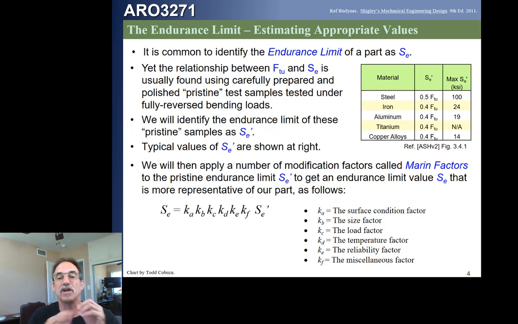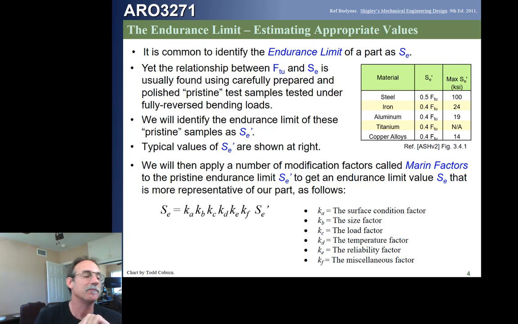This is one of the most common errors students make: when using the endurance limit, they use the pristine value without paying attention to the cutoff at 19 KSI. 40% of FTU will come up with more than 19 KSI for many materials, or for many parts you will see, and we're not going to use anything greater than 19 KSI for aluminum.